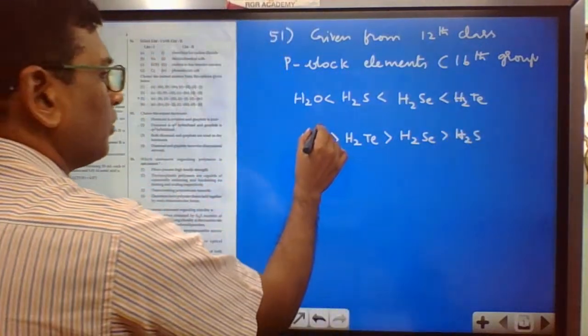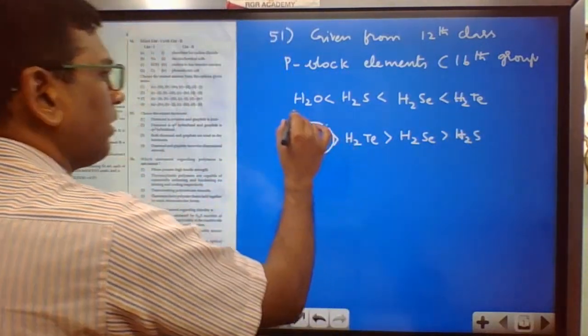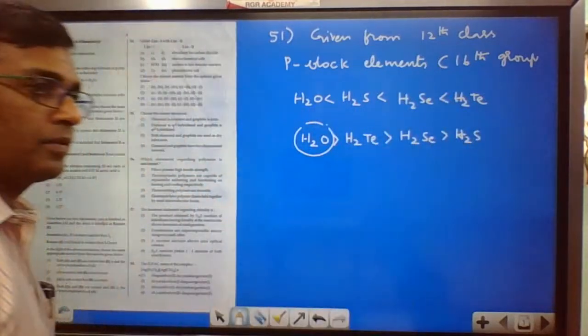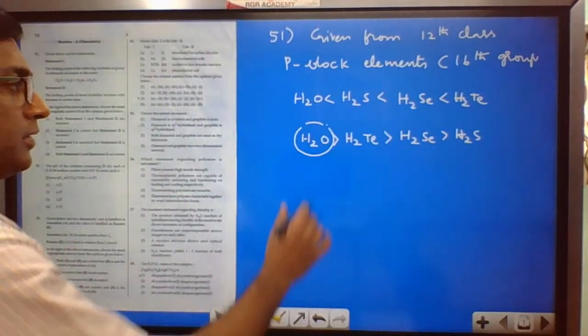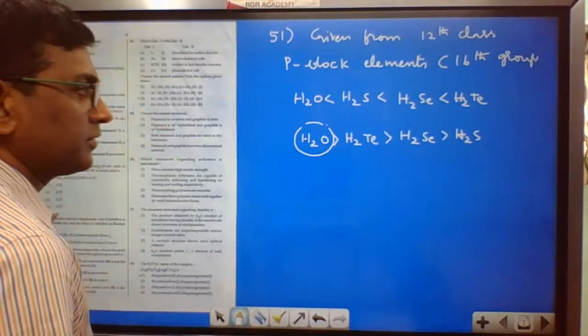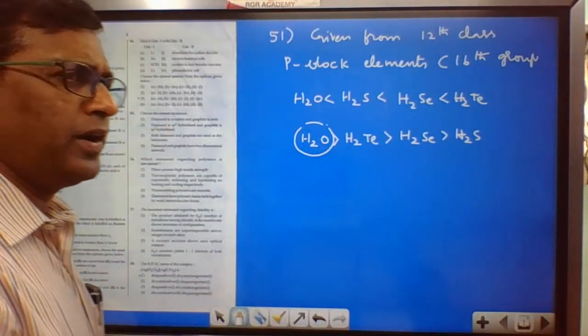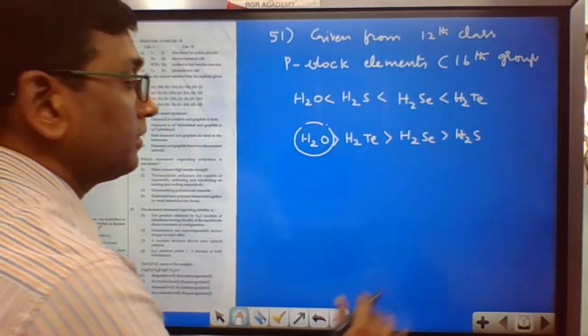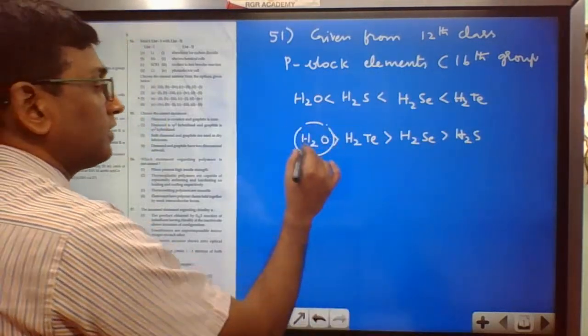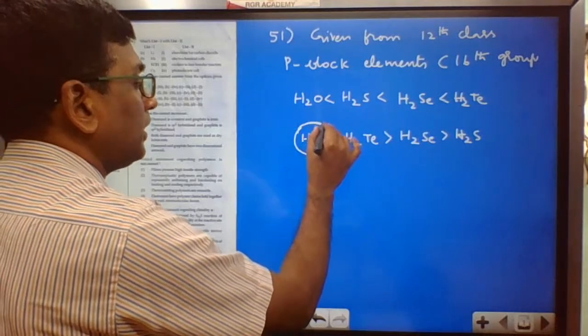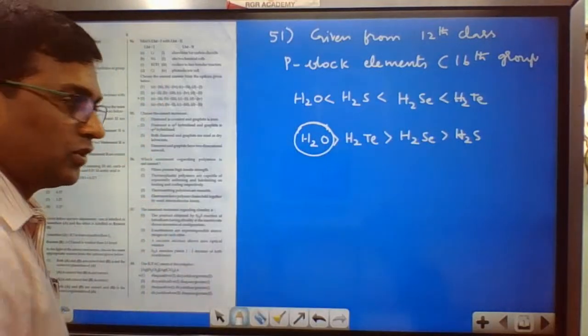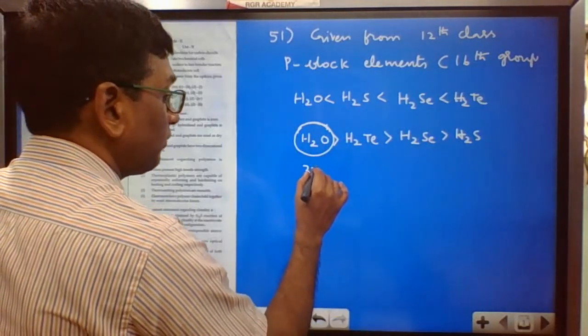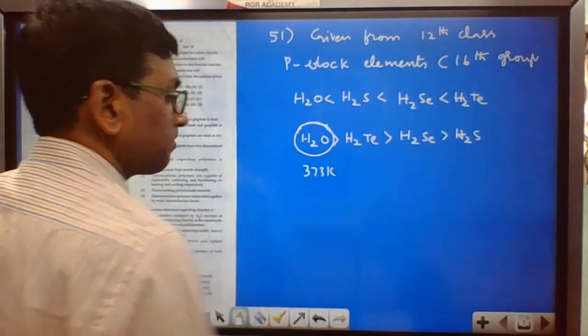Remember, the expected order is this, but this is the correct order. In general, boiling point increases with increase in molecular mass. But if you see here, water has abnormally high boiling point, that we know very well, 373 Kelvin.